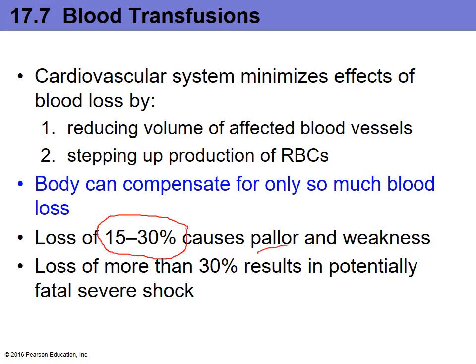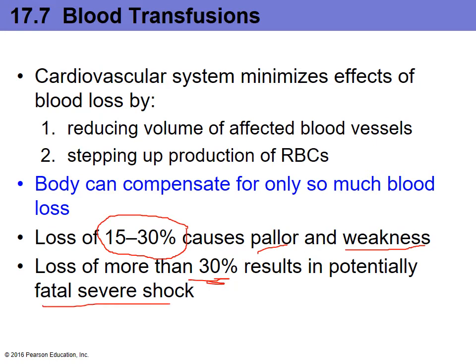it will cause pallor, which basically means lightening of the skin. You'll become very pale, and weakness, severe weakness, because there's not enough oxygen carrying capacity, and also you will become immunocompromised, right? If you lose more than 30%, you have an extreme high chance of going into fatal shock.